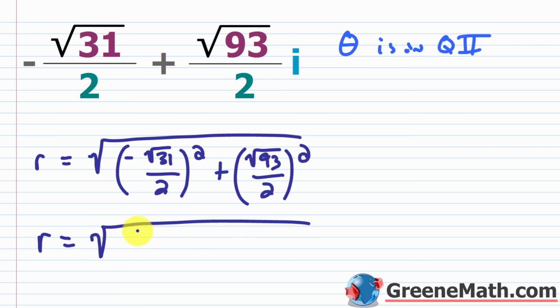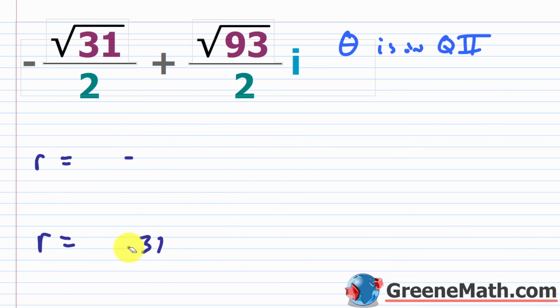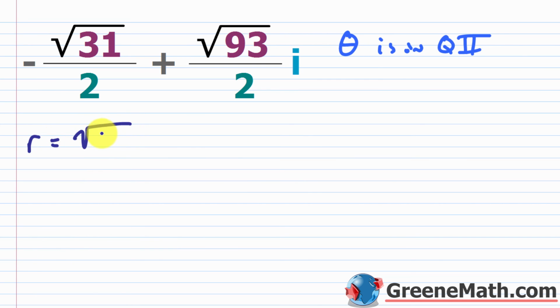So the square root of 31 over 4 plus this guy would be 93 over 4. If you add those together, you're going to get 124 over 4. So 124 over 4, if you make that division, you're going to get 31. You can't simplify that. 31 is a prime number. So r is equal to the square root of 31.